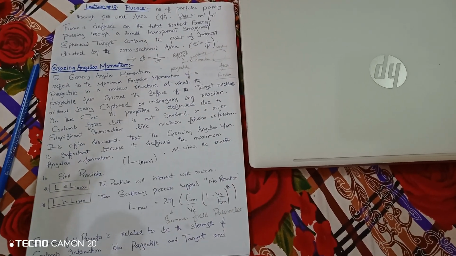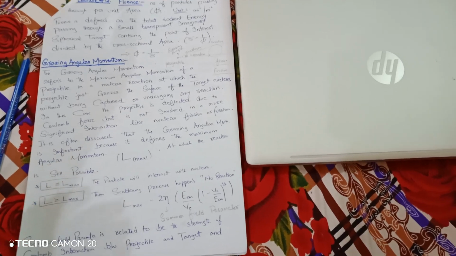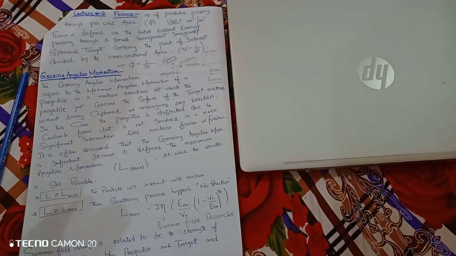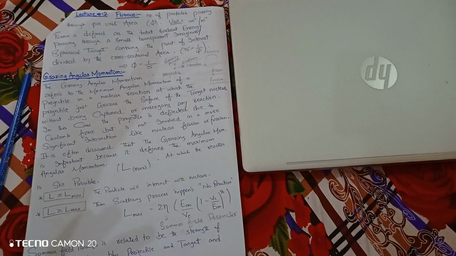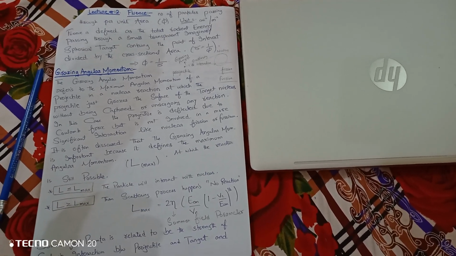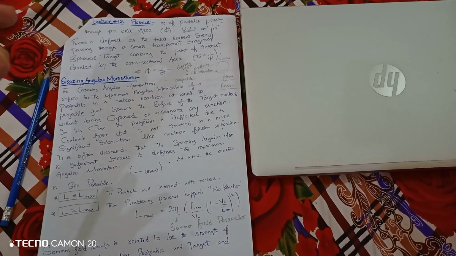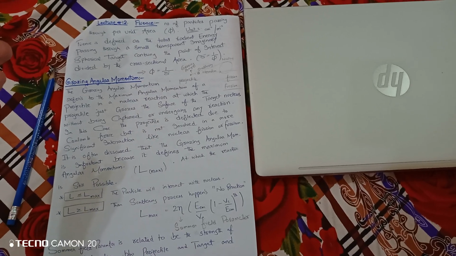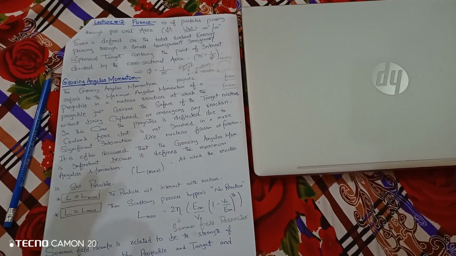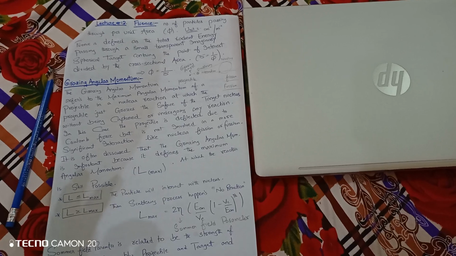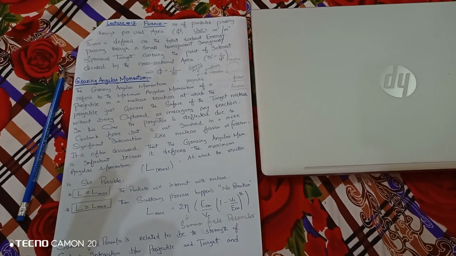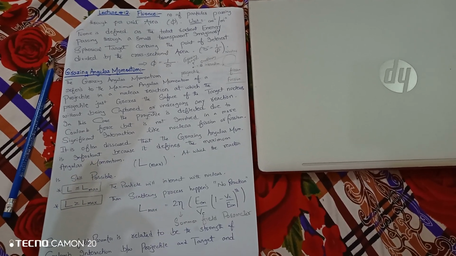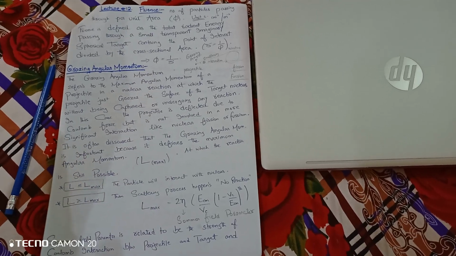In this scenario your projectile is only deflected due to the Coulombic force, because when a particle just grazes the target, there is some Coulomb force from the target. That's why your particle may be deflected somehow by the influence of the Coulomb force, but there is no fission or fusion reaction.